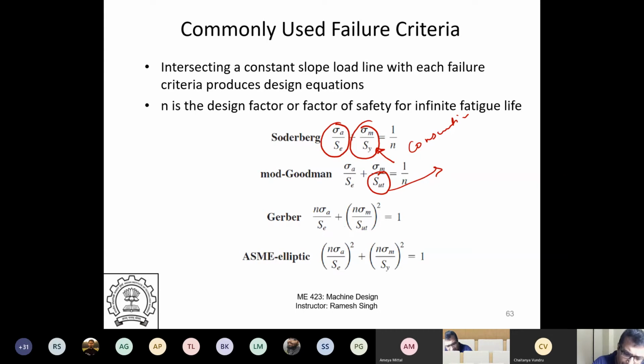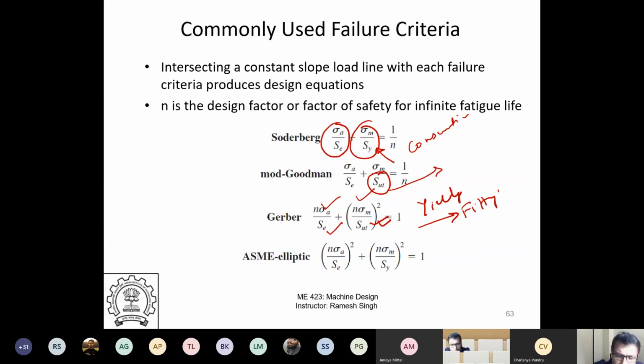So Gerber, if you see, takes into account this SUT. It doesn't take account of yielding, but it's actually fitting the data. So you have sigma A, sigma M, SE, and SUT. Okay. So you basically plot this with the data, this line, whichever you have.